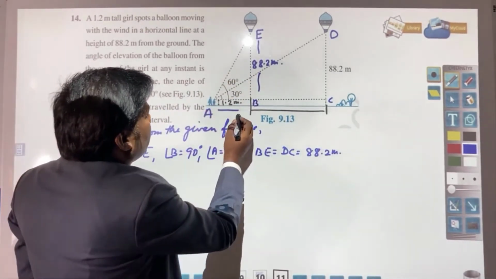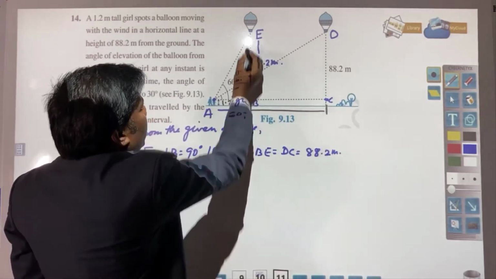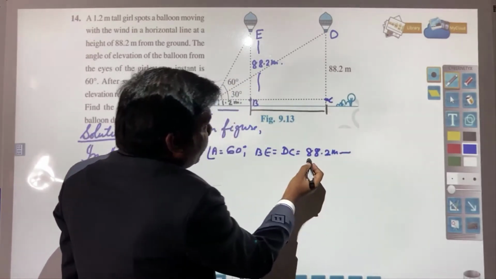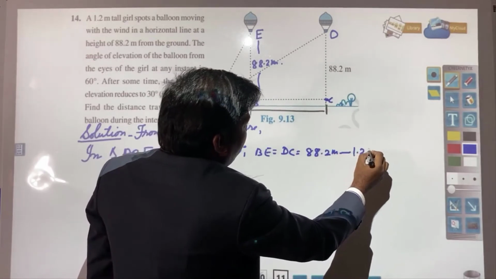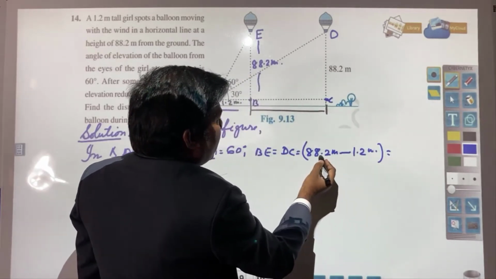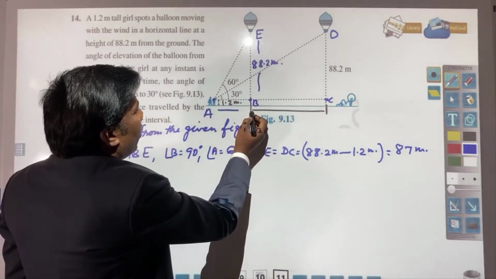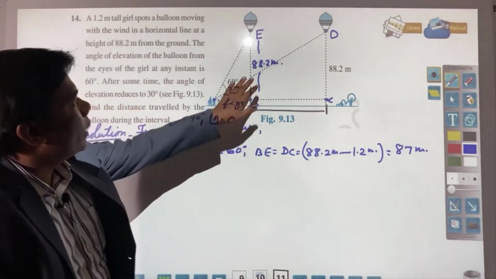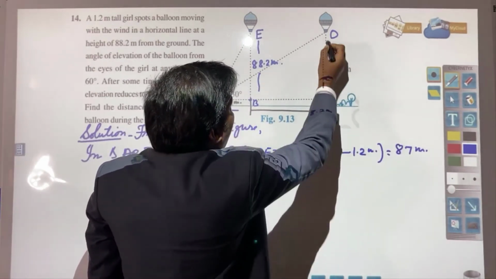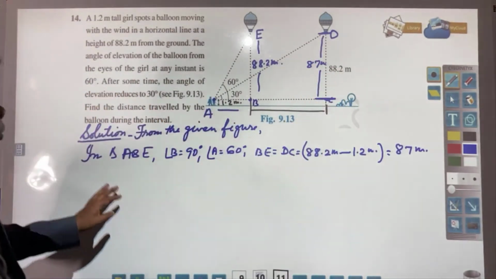But from the eye of the child, the height will be 88.2 meter minus 1.2 meter, which is 87 meter.